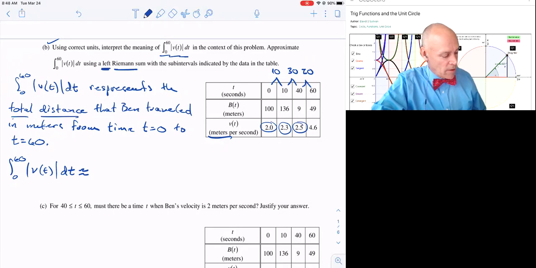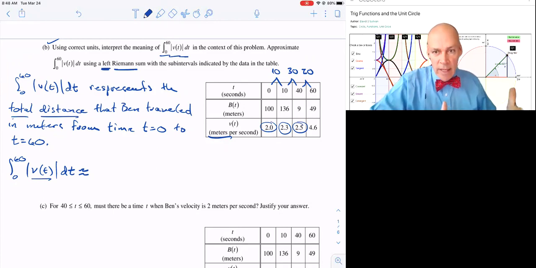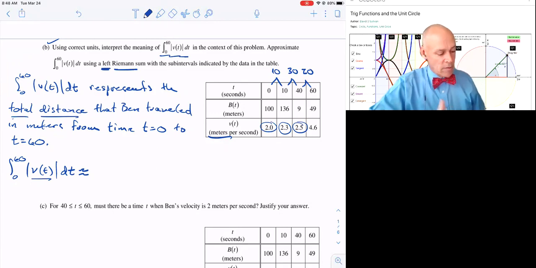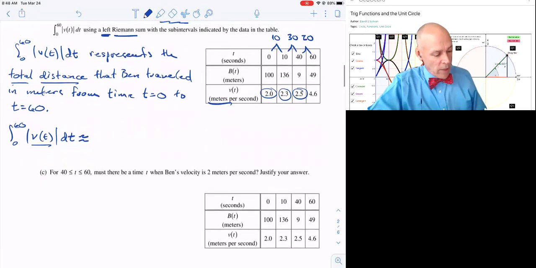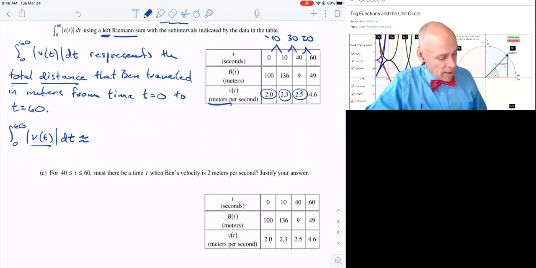Okay. And I notice it's absolute value of velocity. I'm looking at my velocity values though. All of them are positive. So I don't need to worry about taking a negative velocity value and making sure that I take the absolute value of that to make it positive. All of them are positive to start with. So now I'm just going to match this up. I'm going to take my interval of time for the first one.